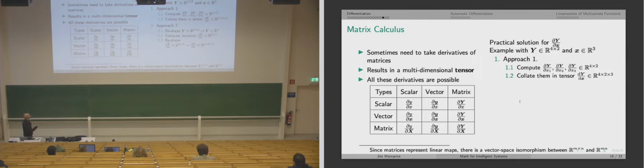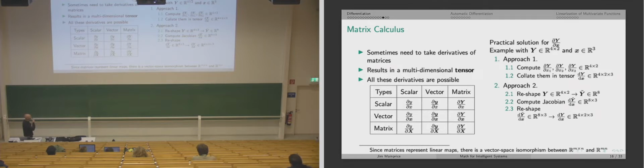Then the second approach, which is usually more desirable, and that's why I put this comment here, is that you can reshape the matrix function such that it's a vector-valued function, and then you just use the same machinery that we use for computing the first-order derivative of a vector-valued function, meaning the product of Jacobians when we have the chain rule.